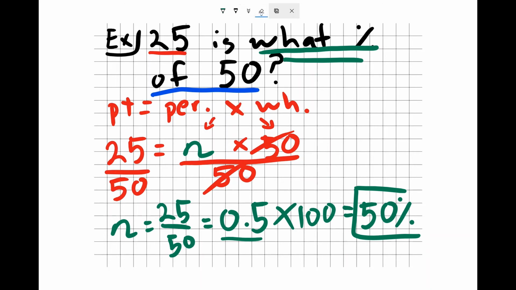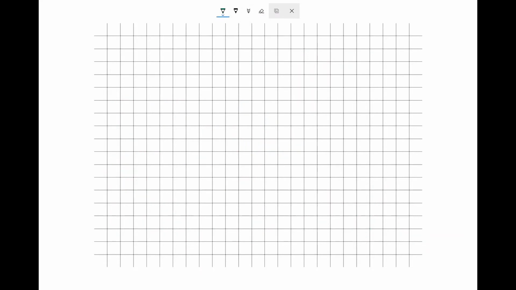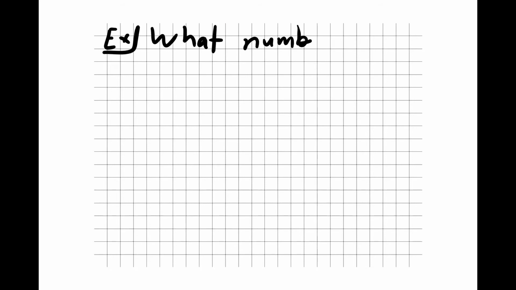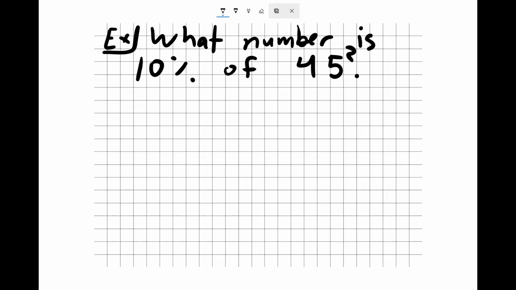Let's do another example. Let's say we have what number is 10% of 45.